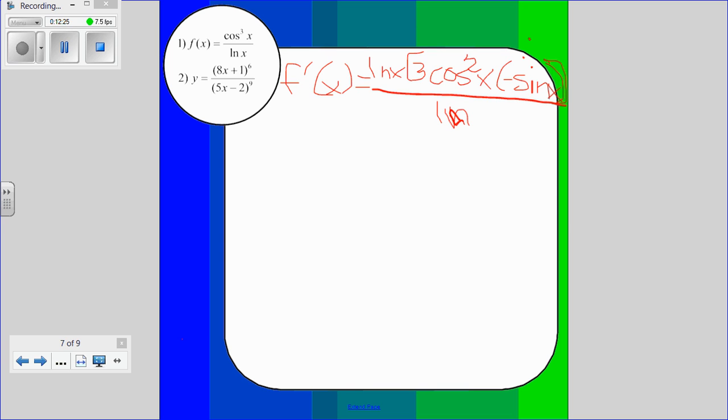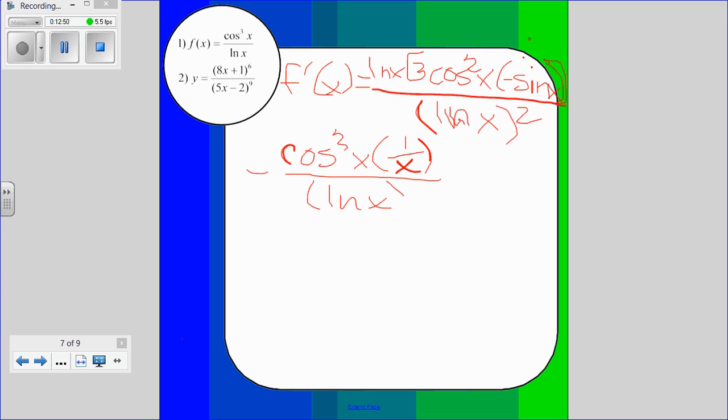Sorry, that's natural log of x squared, okay, minus the top, cosine cubed x, times the derivative of the bottom, which is 1 over x, all over natural log x squared. At the moment I had to write it with separated things, but know that it is a common denominator.